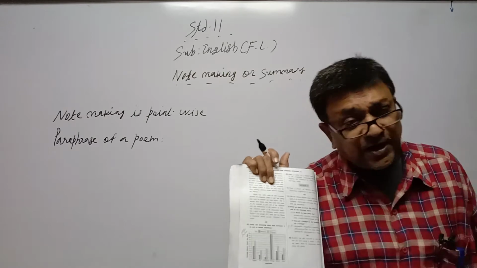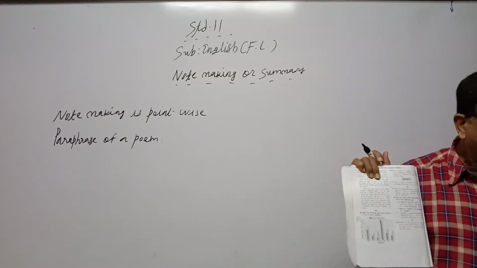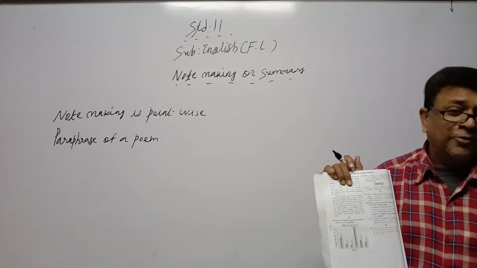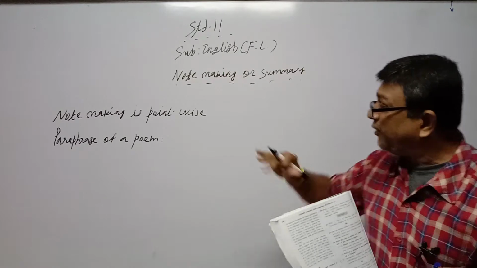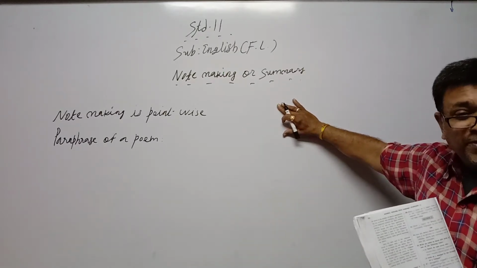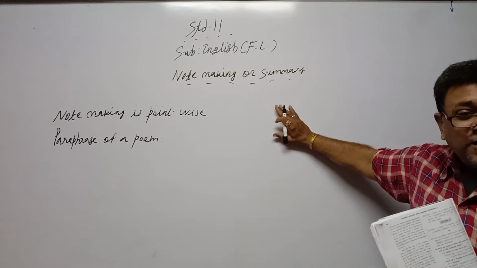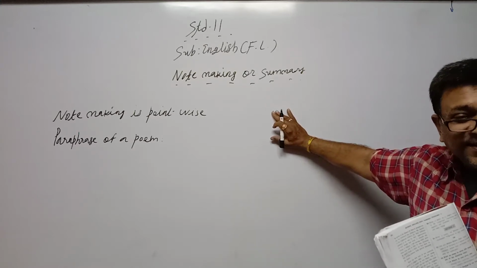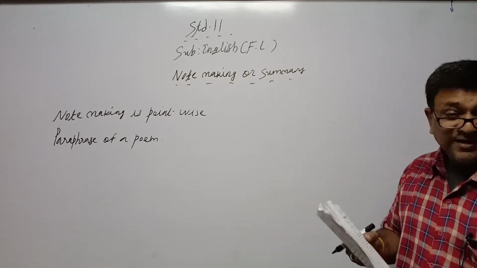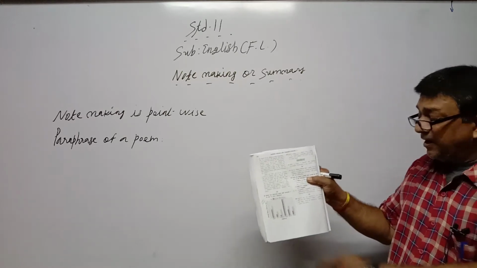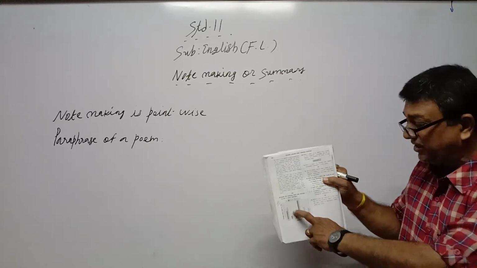It's nothing new. Since standard 8 or 9, you draw some diagram, some figure of the eye or heart, and you explain it underneath. In the same way, you will write only 6 to 7 sentences based on it. Okay?